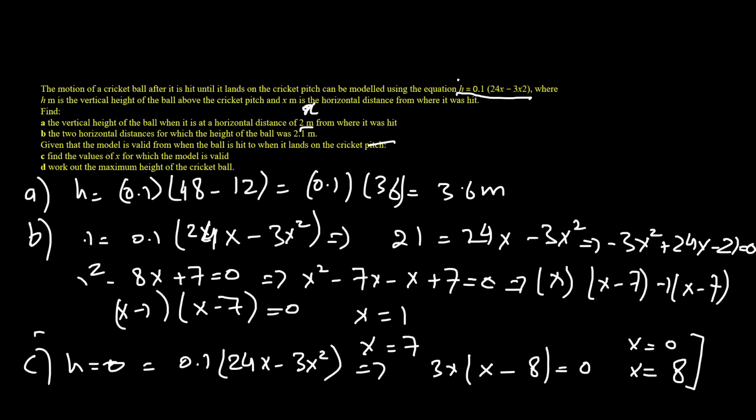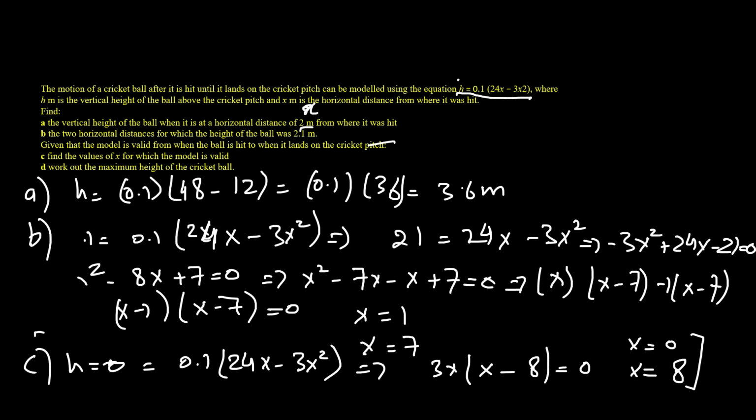Work out the maximum height of the cricket ball. To find the maximum height of the ball, we will differentiate this equation h is equal to 0.1 times 24x minus 3x squared with respect to x.